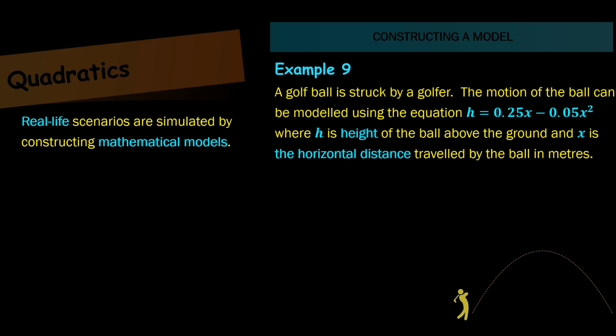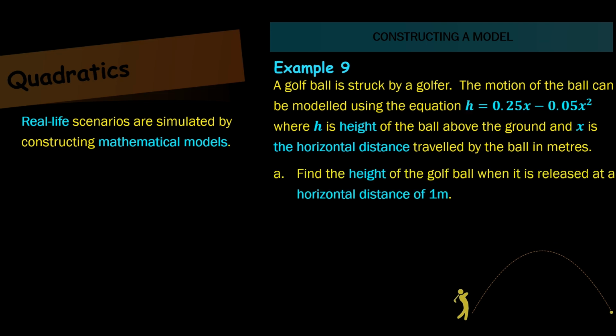So for example, if the ball is here, as shown in the diagram, we have the height h, as denoted here, and the horizontal distance x, as denoted here. We are firstly required to find the height of the golf ball when it is released at a horizontal distance of 1 meter. And secondly, we are asked what is h when x is 10 meters, and is this prediction valid? So let's take a look at part A first.